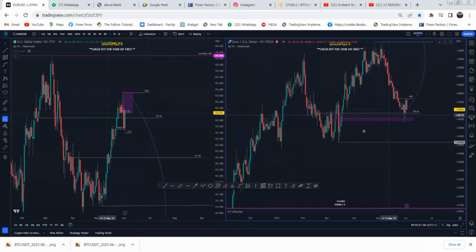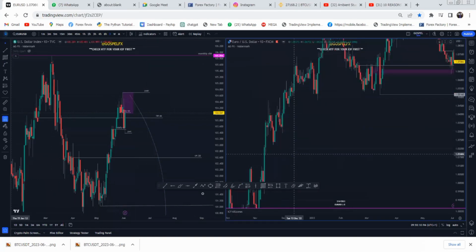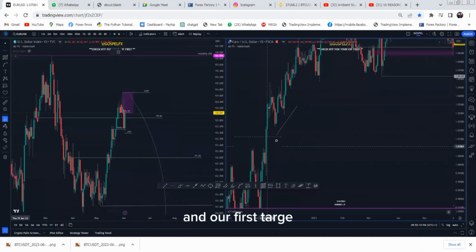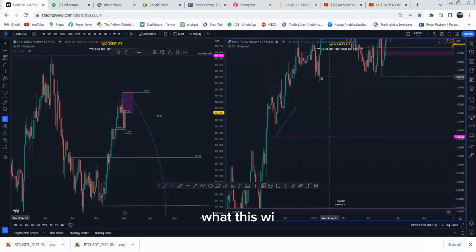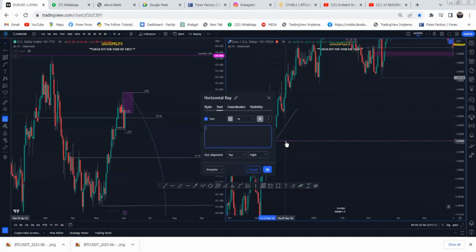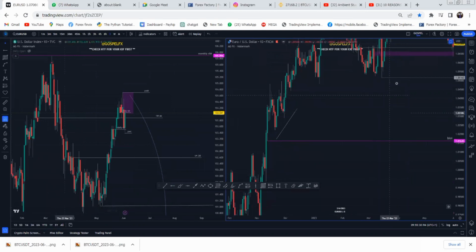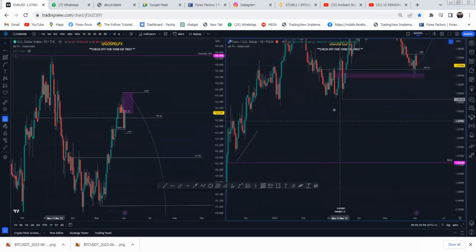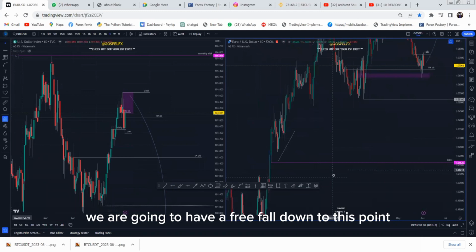But if that doesn't happen, if price should clear this low, this is a trend line phantom here, price will come down for that. And our first target, this will be the first target, second, third, fourth, and then this BC is going to be the sixth target. Okay, BC. That's our BC on the daily chart. So if this low is taken out, okay, this low, we're going to have a free fall down to this point.